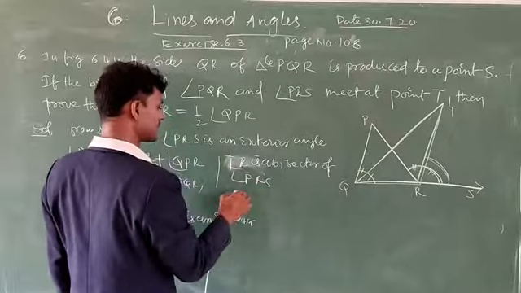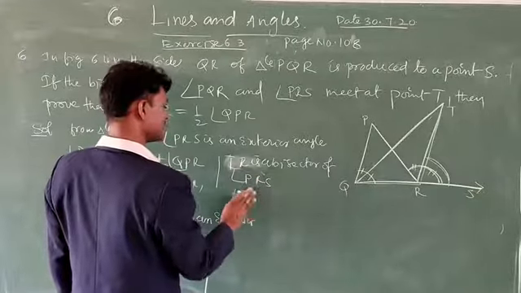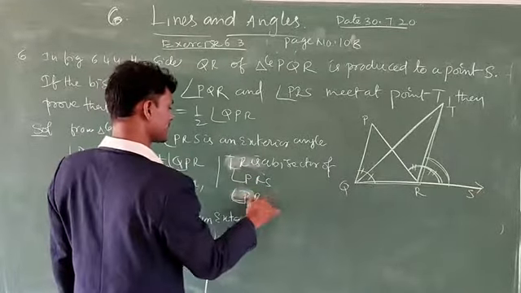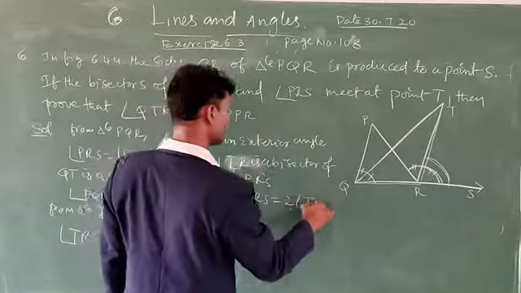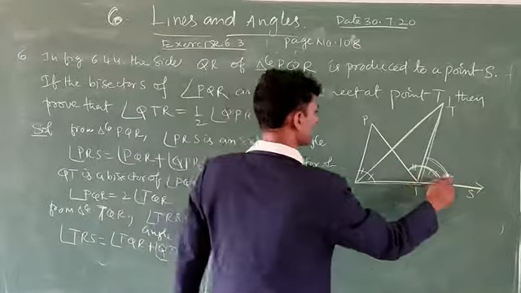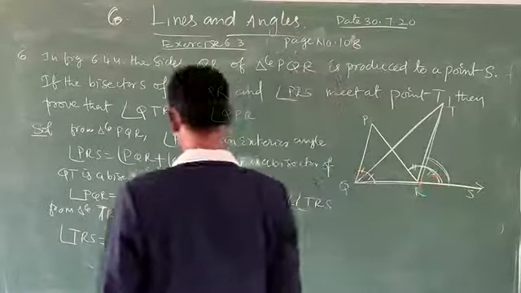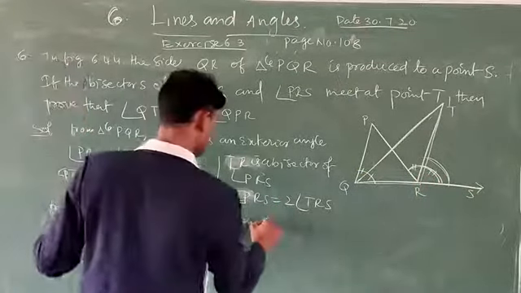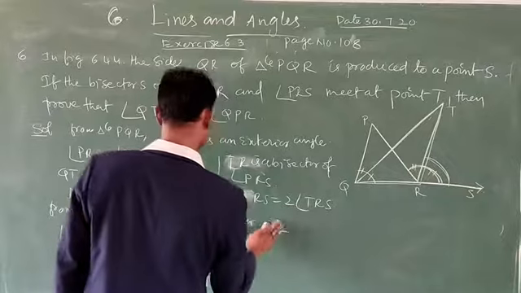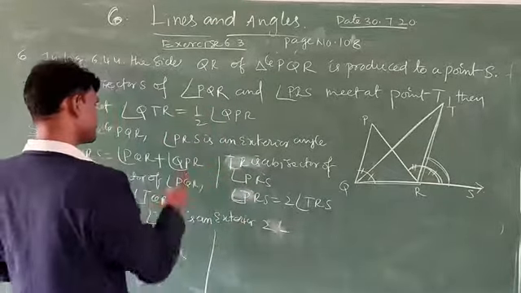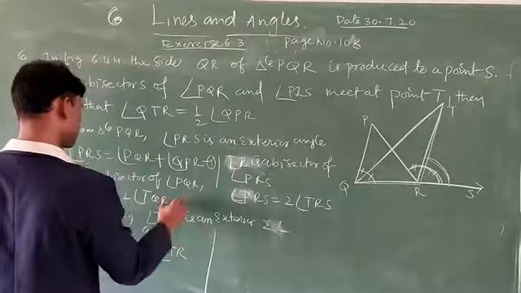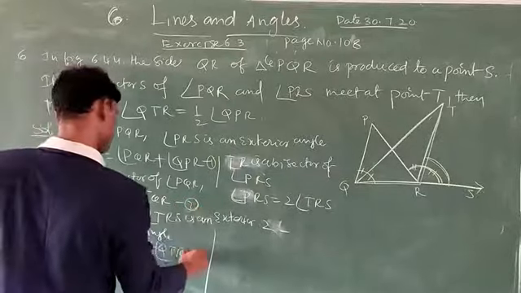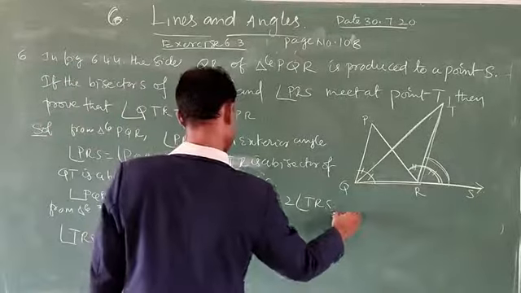Then angle PRS is equal to 2 times angle TRS. Now each and everything you have to substitute here. Angle PRS is equal to, here this one is 1, this is 2, this is 3, this is 4.